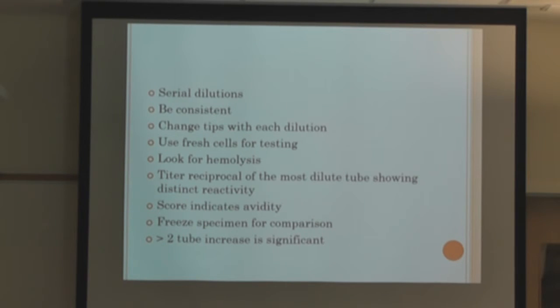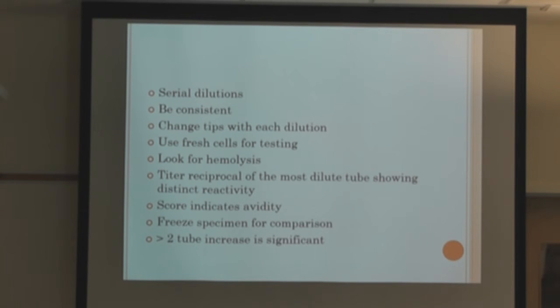And the other part of the cell dilemma is there are two different schools of thought. The one school of thought is you want to use a homozygous cell for the antibody that you've identified, because you're going to get cleaner reactions. The other school of thought is if you're doing this for a prenatal, which is what we're doing the titers for most of the time, the most your baby is going to have is heterozygous expression of your antigen.